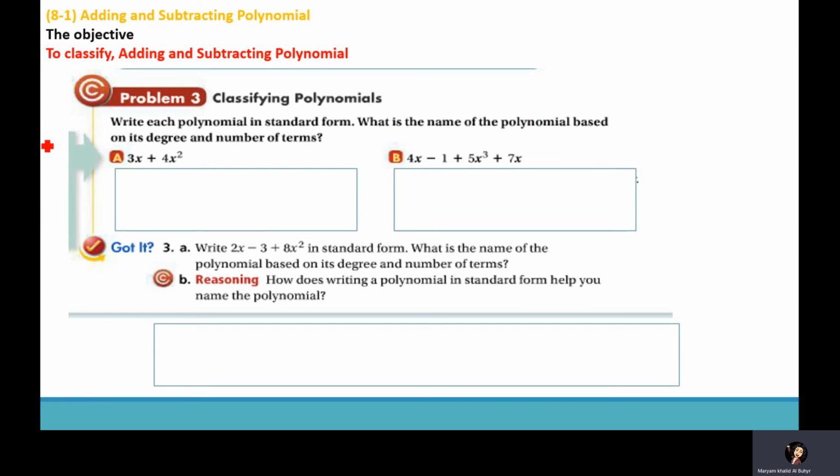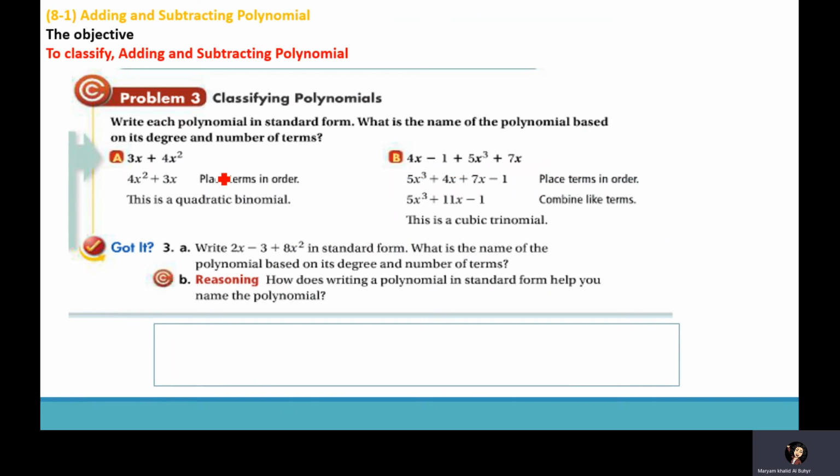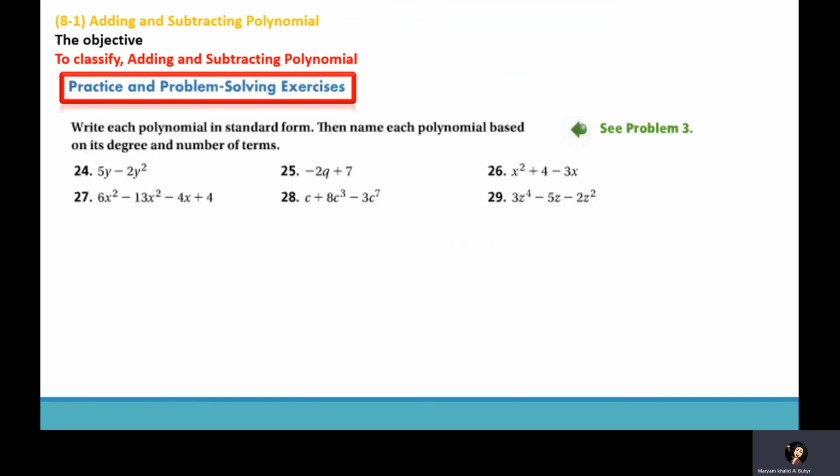We also discussed how we can write the polynomial in a standard form, then classify it according to the degree and the terms. Just recall that, and let me do one problem from these, then continue the rest in my lesson.